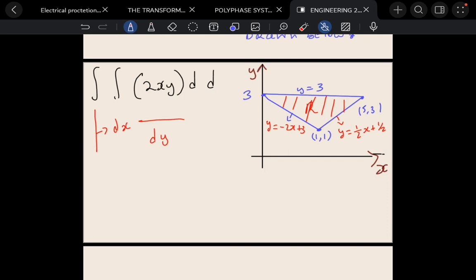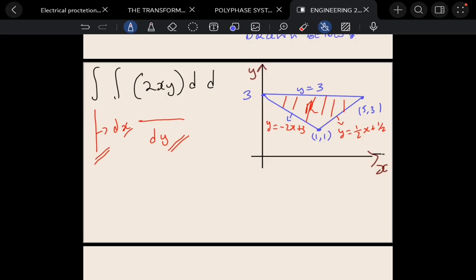Do I understand that? A rule I'm having: a vertical line means a dx, and a horizontal line means a dy.